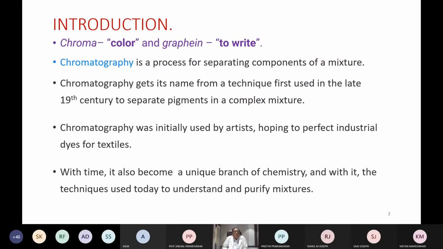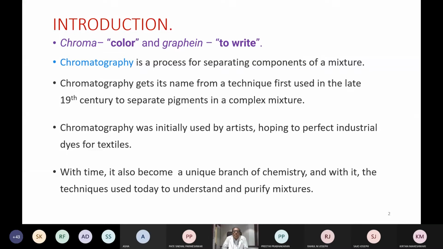The word comes from chroma, meaning color, and graphein, meaning to write. The idea was that after differentiating and separating the things, they would be given some color coating to identify them, so it came with the name chromatography, the color one.